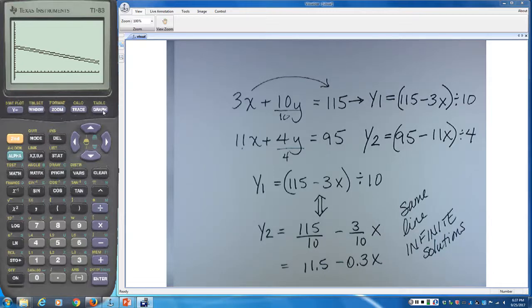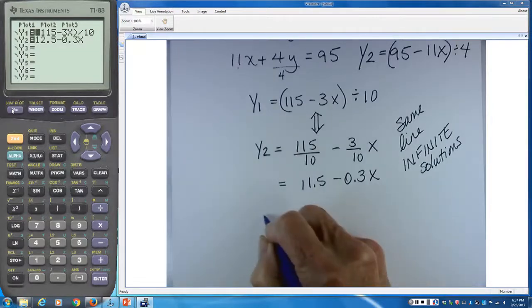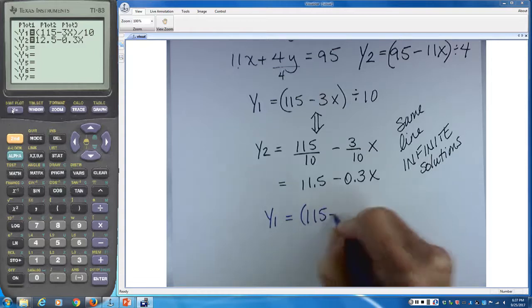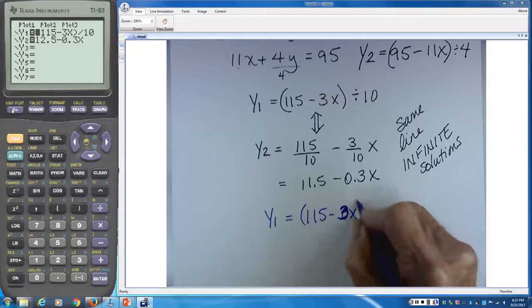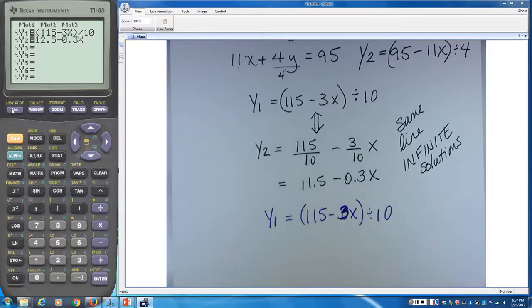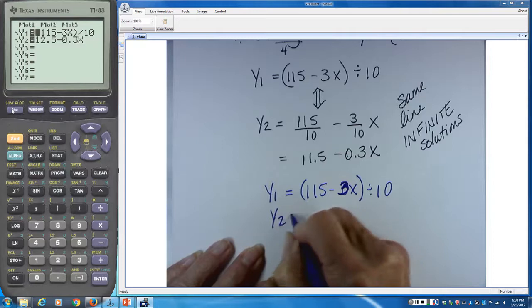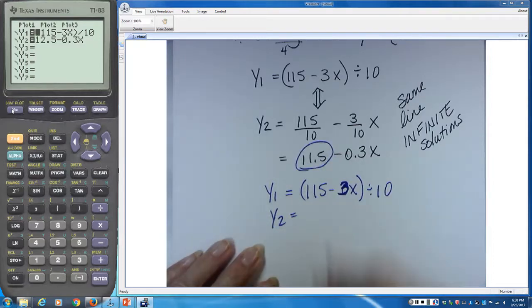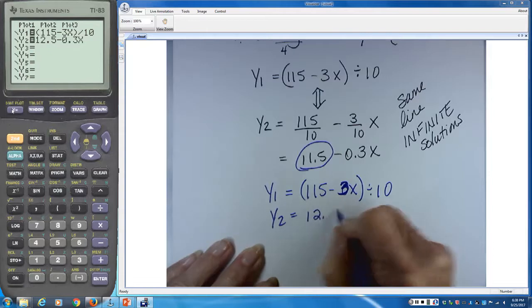So what happened was the equations that I put in, 115 minus 3x divided by 10. And the second equation, the only thing I changed was that number. I changed it from 11.5 to 12.5.